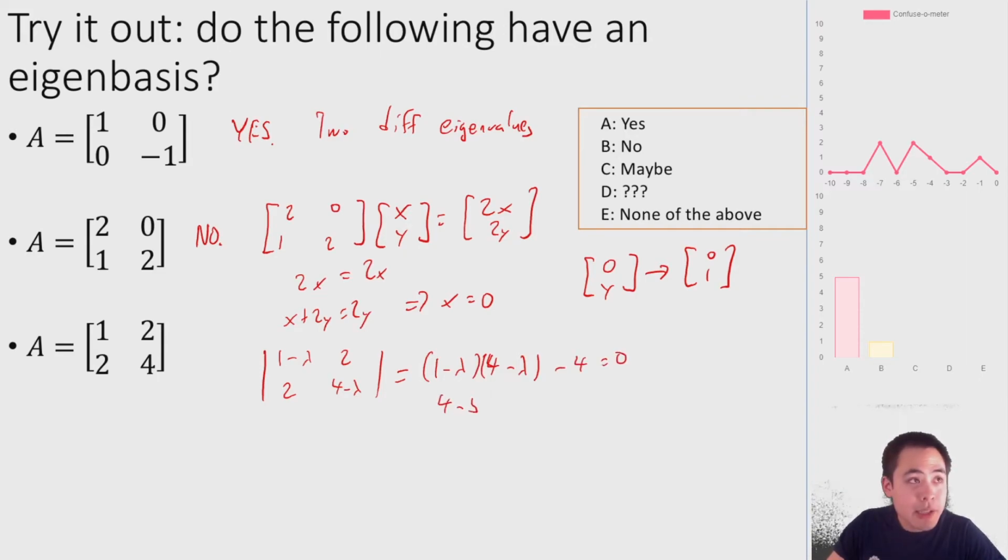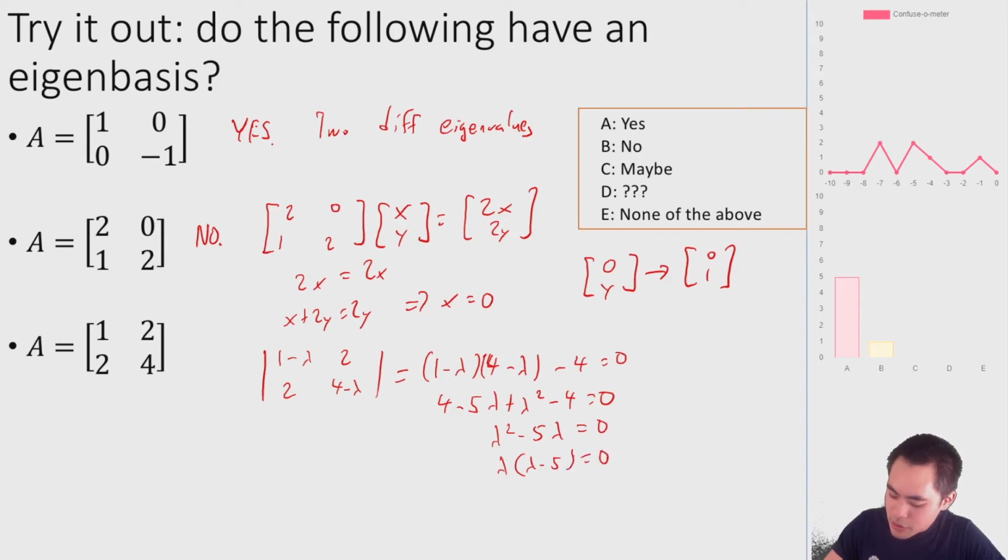So this is 4 minus 5 lambda plus lambda squared minus 4 is equal to 0. Lambda squared minus 5 lambda is equal to 0. Lambda times (lambda minus 5) is equal to 0. So lambda is equal to 0 and 5, 2 eigenvalues. So yes.